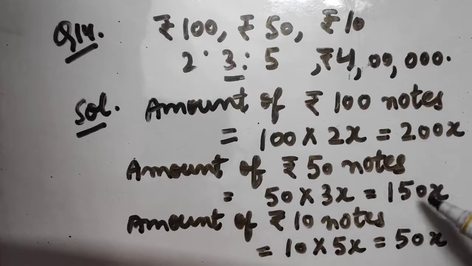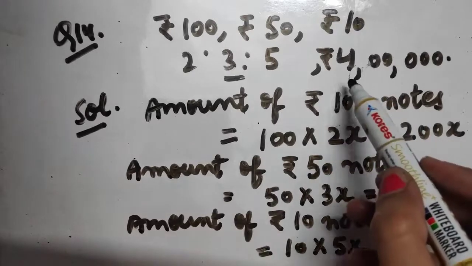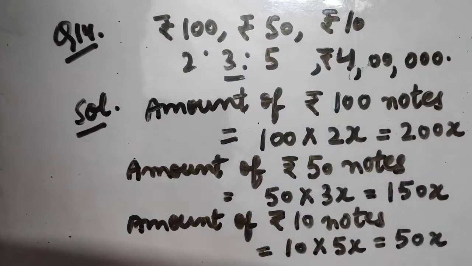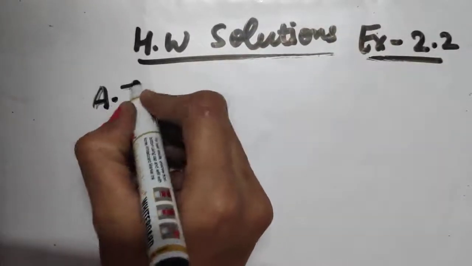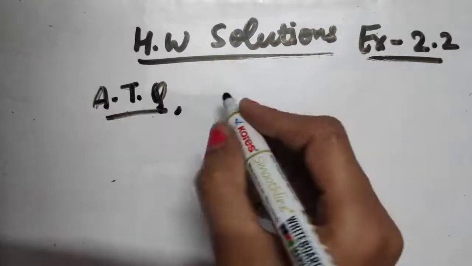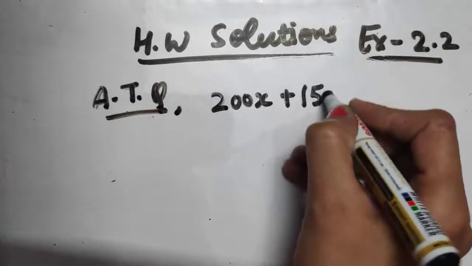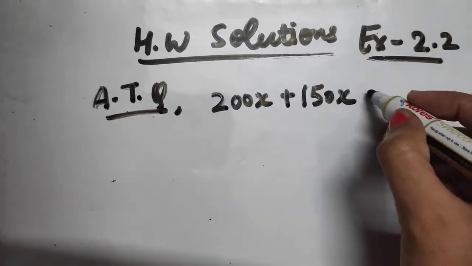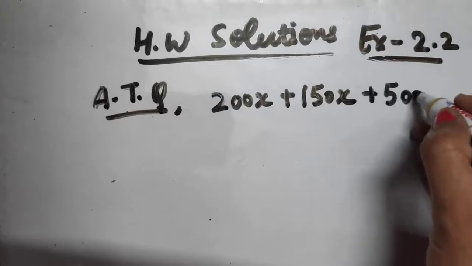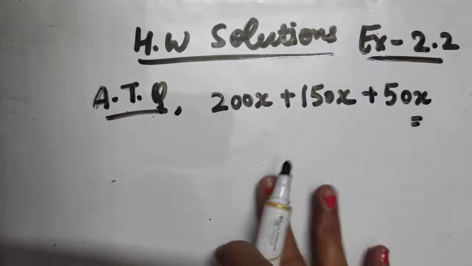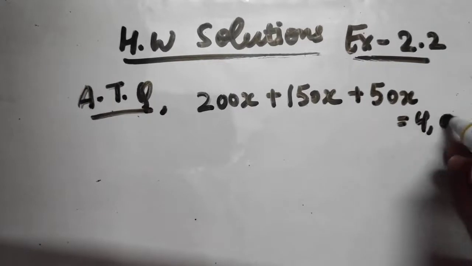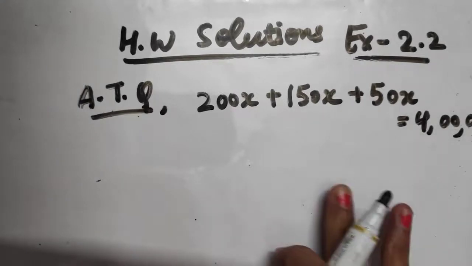And I need to add these to get and put it equal to this 4 lakh. So according to the question, it will be 200x plus 150x, we have calculated the amount, plus 50x, and it is equal to total of 4 lakhs.